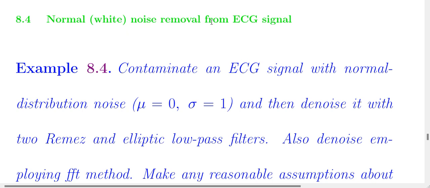Normal noise removal from an ECG signal, or somehow white noise. Of course, it's color noise because the duration is limited, but it will be called white noise, having a Gaussian or normal distribution.